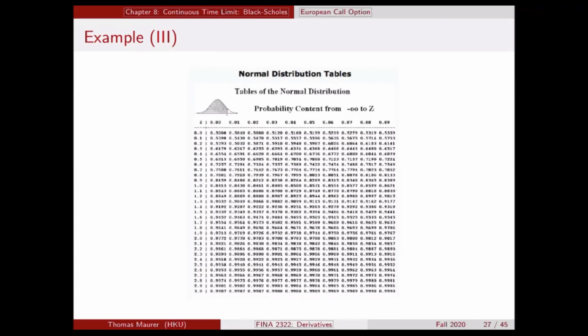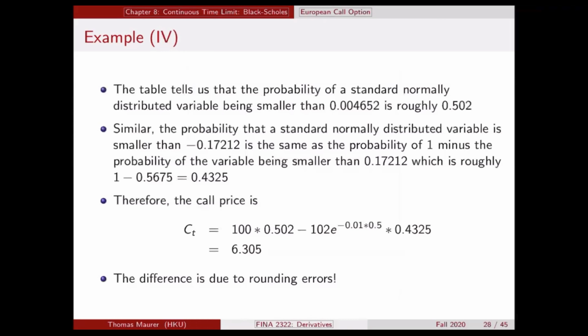Now we don't actually have that, but we know that 0.005 is going to be between 0.00 and 0.01, so between about 50% and 50.4%. So as an approximation, you can plug in about 50.2%. So that's the probability of being in the money under that Q star measure.